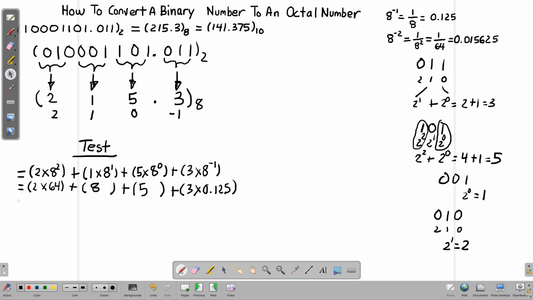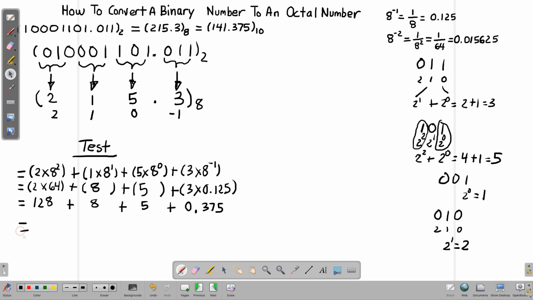All right, let's multiply it out. We have 128 plus 8 plus 5, and 3 times 0.125 is a value of 0.375.